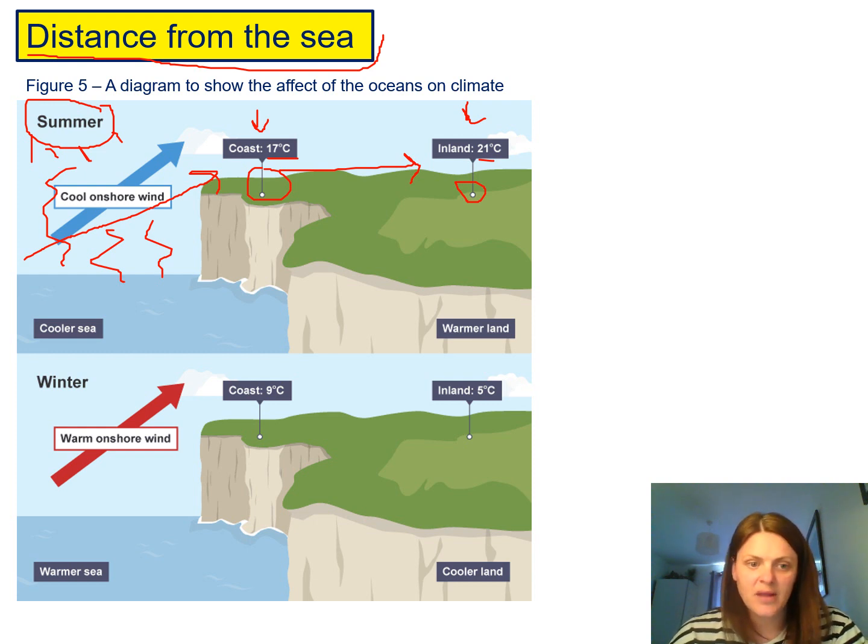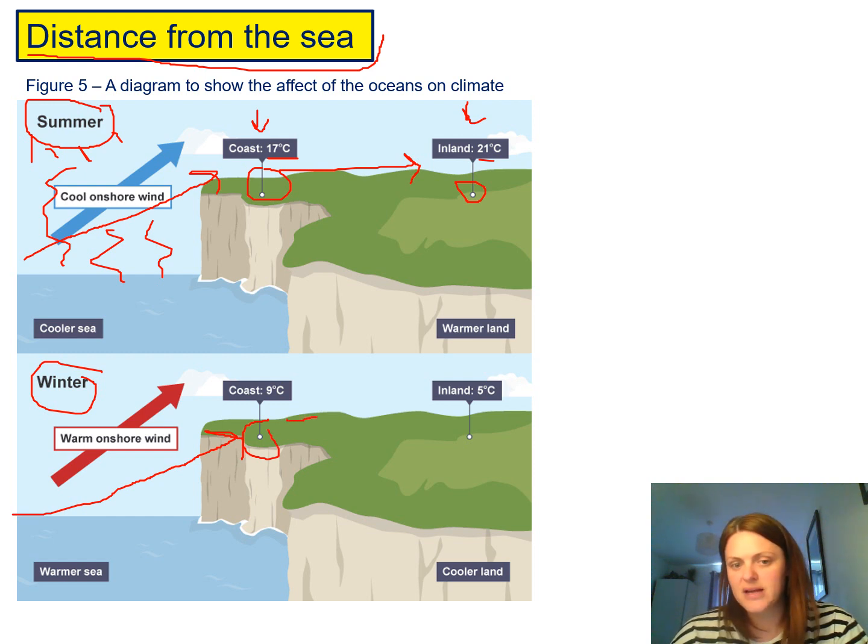It's the same in winter. In winter, the sea is going to be slightly warmer than the land because it takes a longer time for it to cool down. Land cools down very quickly. So again, the breeze blows over the warmer sea and is going to make coastal areas warmer.